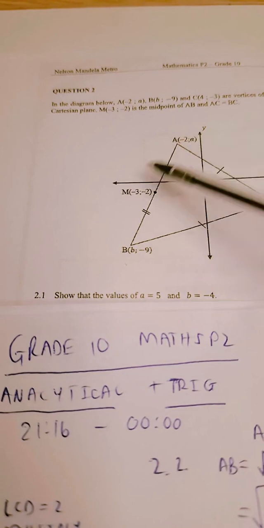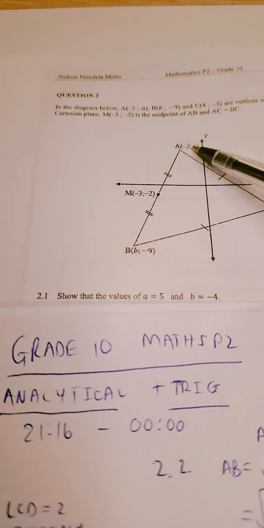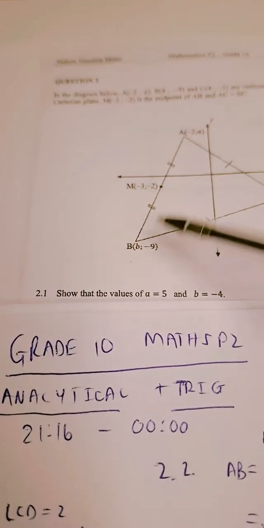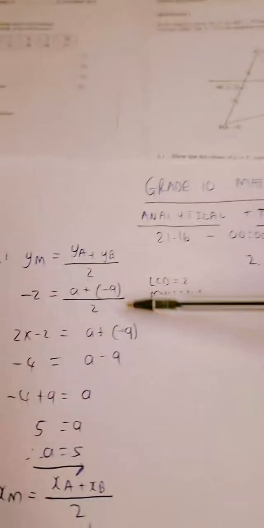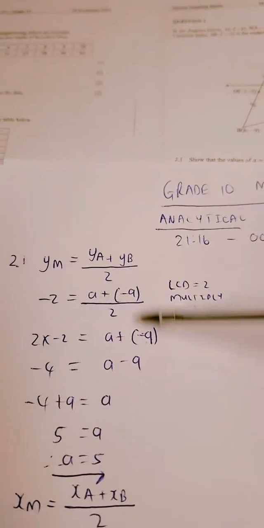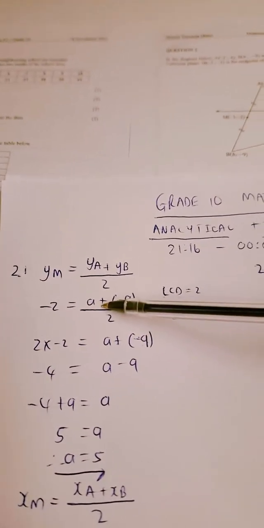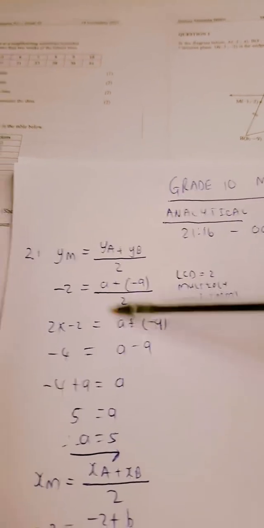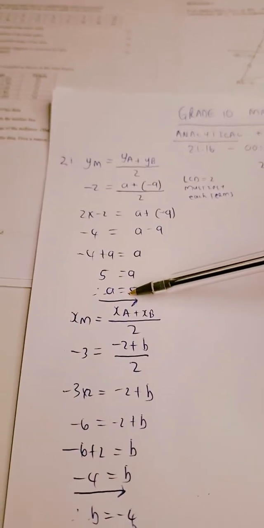Typically, when we wanted to find the midpoint, we would add the two y values and divide by 2 to get this y-coordinate. So we set up an equation in that fashion. The y-coordinate of M is equal to the y-coordinate of A, which is A, plus the y-coordinate of B, which is -9, over 2. We cross multiply, solve the equation, and we get the A value.